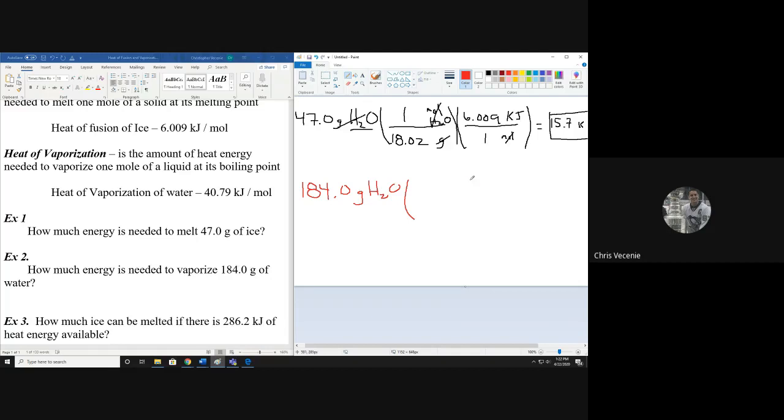Hasn't changed. We're still working with water, so our first step's going to look the same. Grams on the bottom, 1 mole on the top. Periodic table number for this guy.